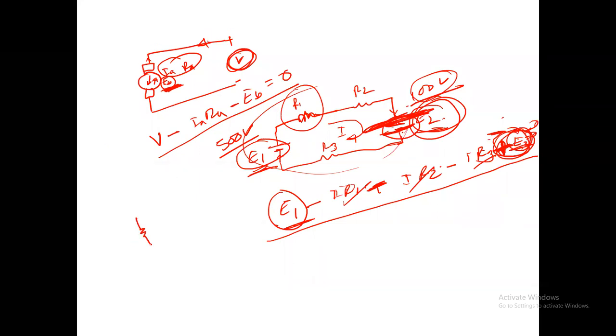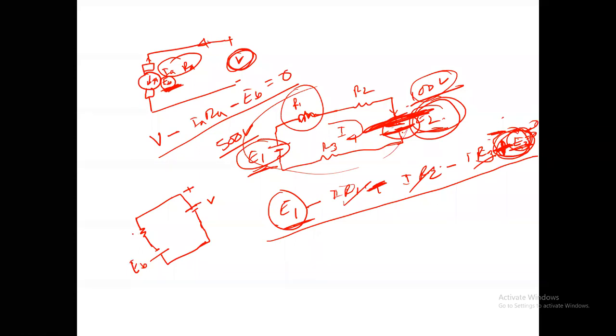Suppose this is your resistance and this part plus minus. So current flow, this was EB and this RA.